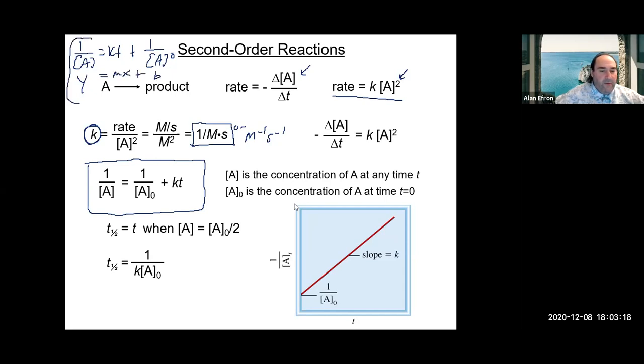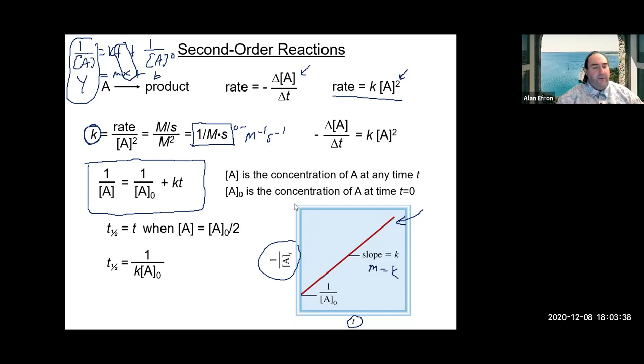On the y would go 1 over A, which is what we see here. On the x would go time. When you do this type of graph, you will get a linear line. This line has a positive slope, which means the slope is equal directly to the rate constant in this particular case.